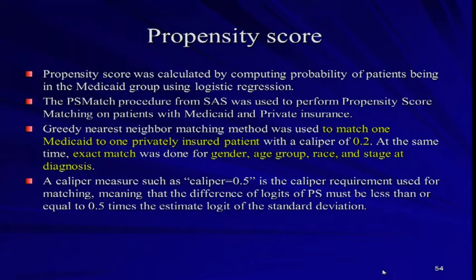The propensity score is calculated, for example, using the payer status as private, non-private, or Medicaid as an outcome variable, to predict, with certain variables, which group you are assigned to. If you are really interested, we can talk about this later on. This is one of the techniques to do the simulation.